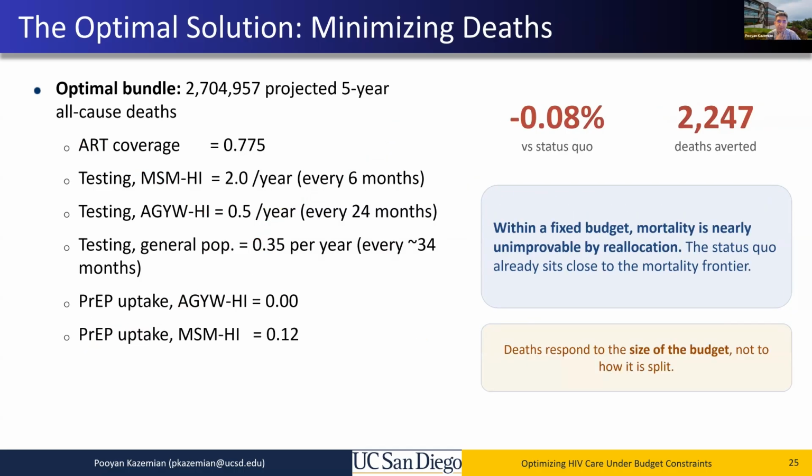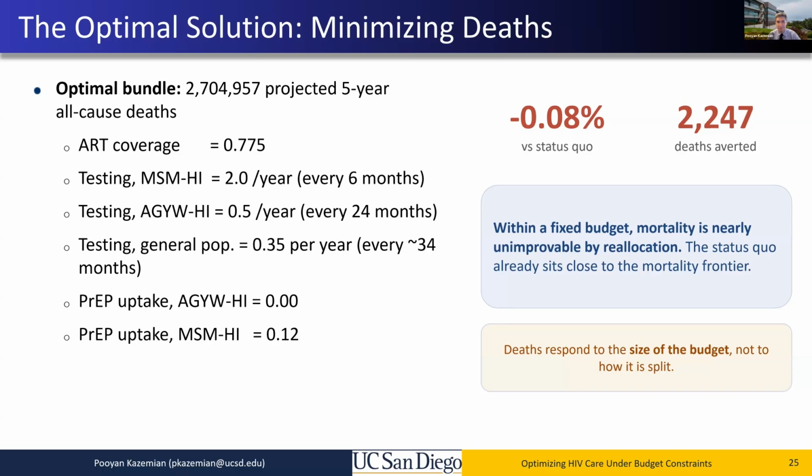Now, the next slide shows the optimal solution for minimizing 5-year deaths. The take-home message here is that by just reallocating the budget, we are not able to meaningfully reduce the 5-year deaths. In order to reduce the 5-year deaths, we need to increase the budget. Just reallocating the existing budget is not enough.